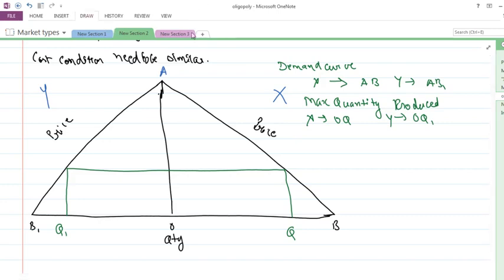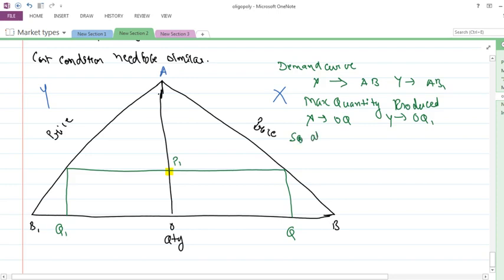So at this point, if we name it, it is P1. So at P1 price, the entire output of both firms can be sold.